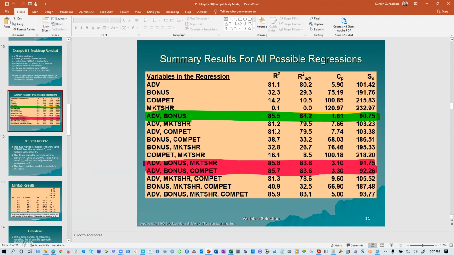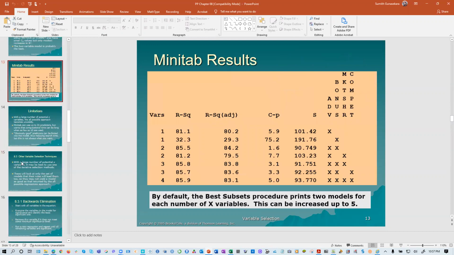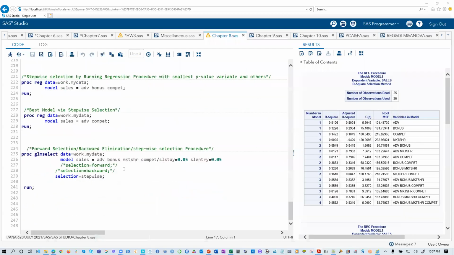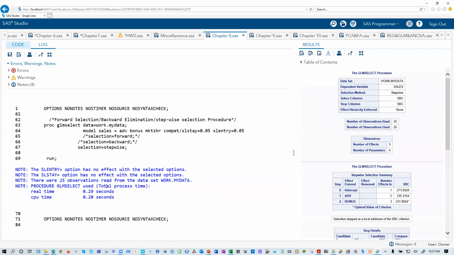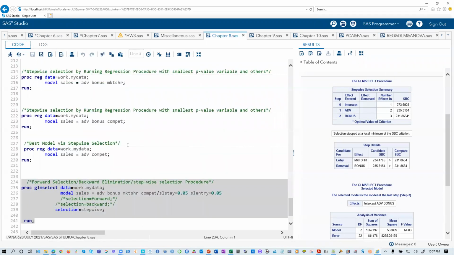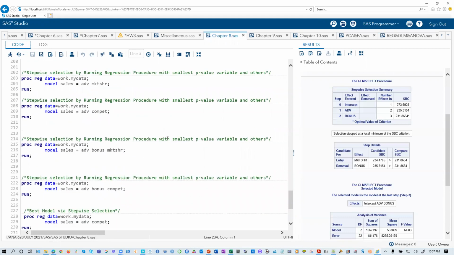When that isn't enough to come up with the best model, you run the selection procedures and see whether it convinces you. Run this procedure, called the GLM select procedure. Again, advertising and bonus are given by that procedure too. The stepwise procedure gives the same thing we got from the other procedure.